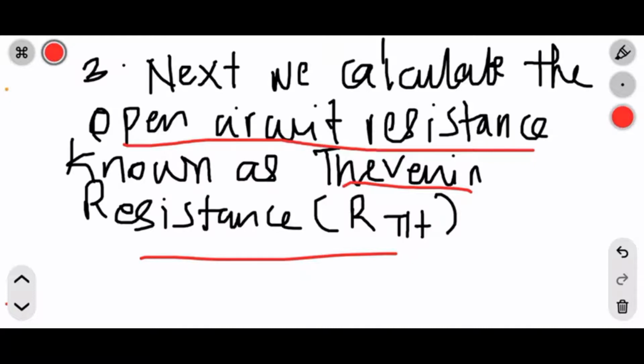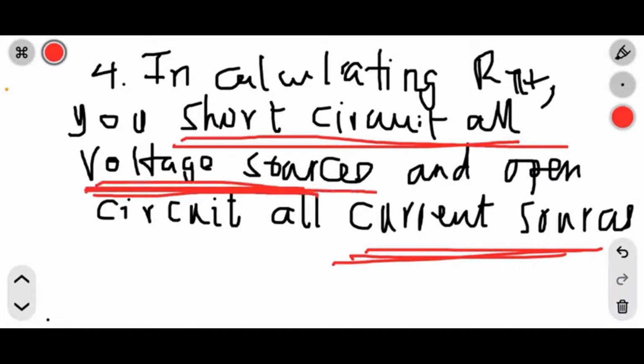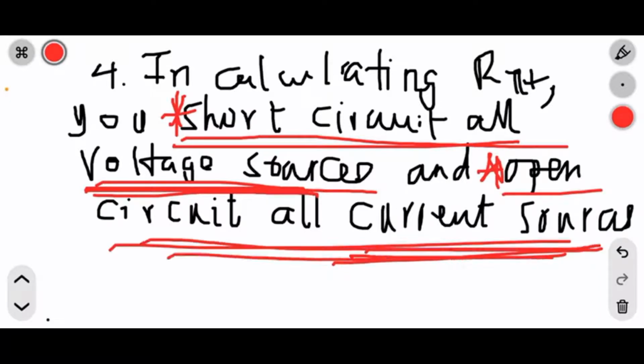But with RTH, there are some few things you have to take into consideration. In calculating RTH, you have to short circuit all voltage sources. That's really important. You have to take notes. Let me put asterisks there. Short circuit all voltage sources, and you open circuit all current sources in the circuit.